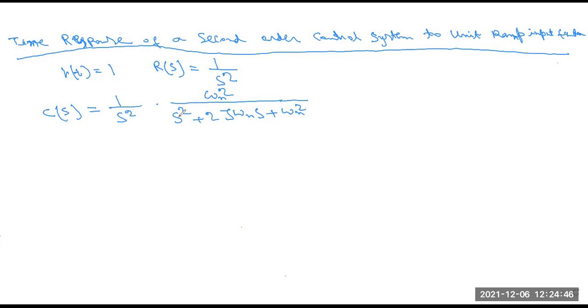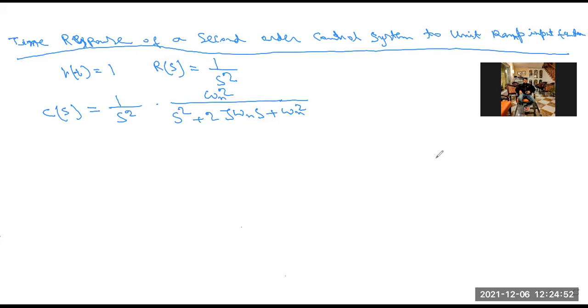Okay, so this is the basic expression for the second order control system for the unit ramp input function.